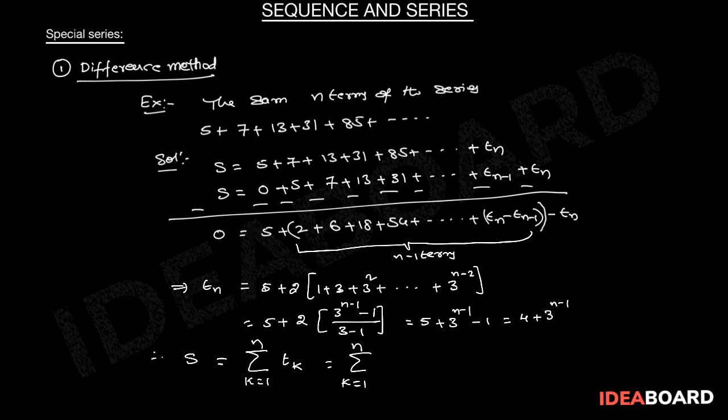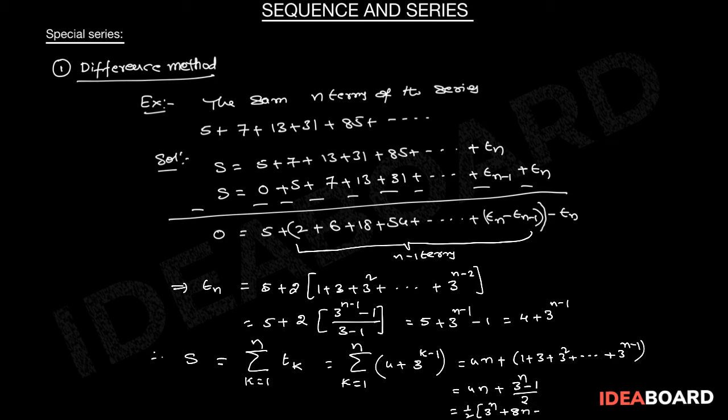Here the kth term is 4 plus 3 power k minus 1, that equal to 4n plus 1 plus 3 plus 3 square plus and so on plus 3 power n minus 1, that equal to 4n plus (3 power n minus 1) by (3 minus 1), which is 2, that equal to 1 by 2 into (3 power n plus 8n minus 1).